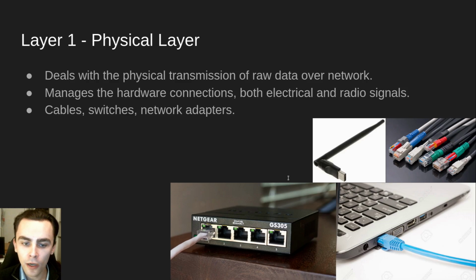When I say raw, unstructured data, I'm talking about sequences of ones and zeros getting transported from point A to point B. The physical layer covers the electrical and physical procedures between linked devices. Some good examples of components that are involved in the physical layer are network cables, network cards, and network switches.